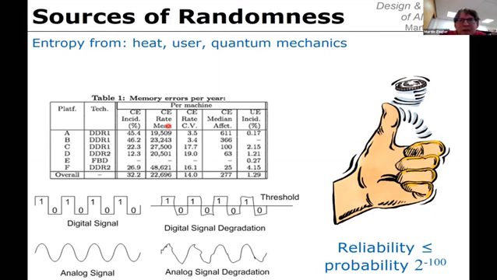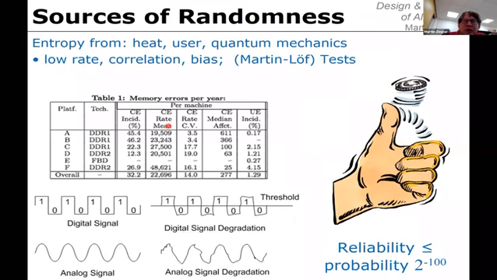So because of that, people have been using alternative sources of randomness, which is not actually random, namely pseudo-randomness. What we want from random bits is that they be available at a high rate, a number of random bits per second, and we want the bits, of course, to be really random.